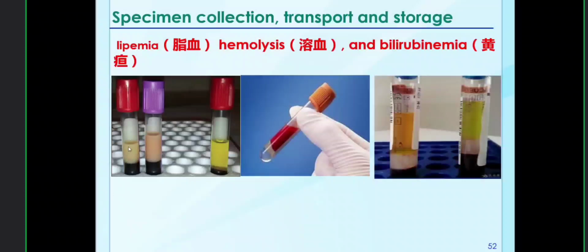We can see there are so many fats in the serum. The middle picture is a sample of hemolysis, and the right picture is the bilirubin. We can see this small tube is normal. The serum of this small tube is heavy yellow.